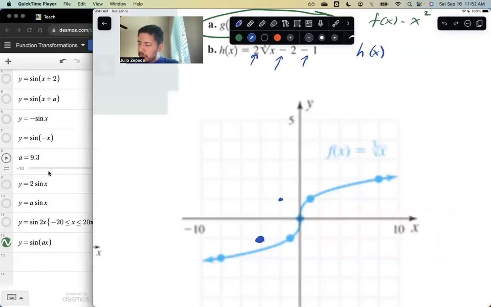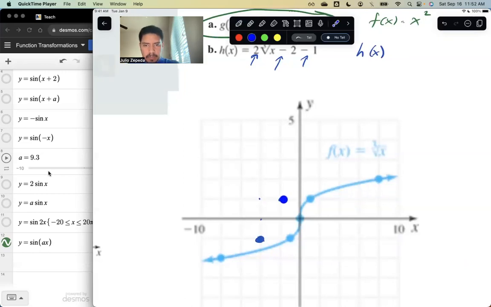Then I would have normally gone up 2. I think there's a little laser pointer. Yeah, so up 2 and then over 8. 1, 2, 3, 4, 5, 6, 7.